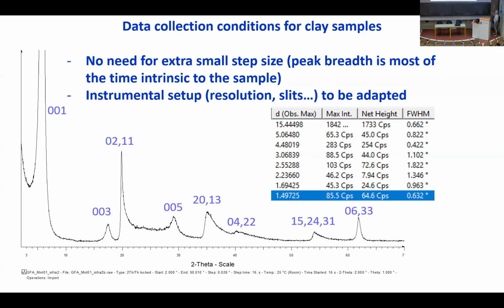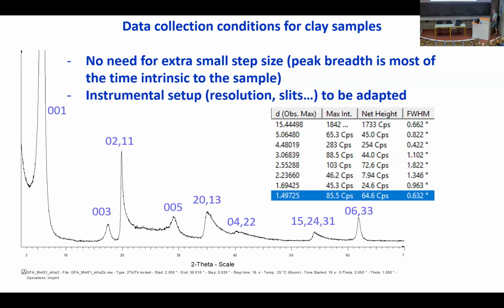And this is the full width at half maximum intensity of these different peaks. Clearly here, you can see that peak breadth is fairly high. The minimum value we have is 0.6 degrees, meaning that peak breadth is quite high.